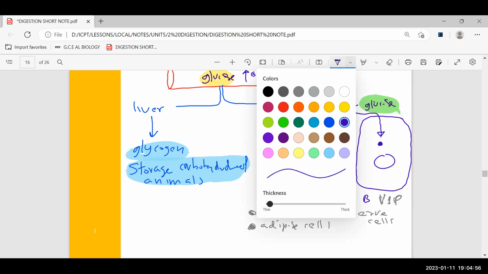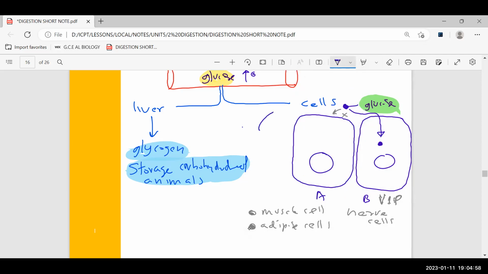insulin's help. Now insulin comes, then insulin binds to these cells, then insulin brings a transporter so that glucose can enter. Insulin binds to the cell and it brings this transporter to the cell surface. Then the glucose can enter.